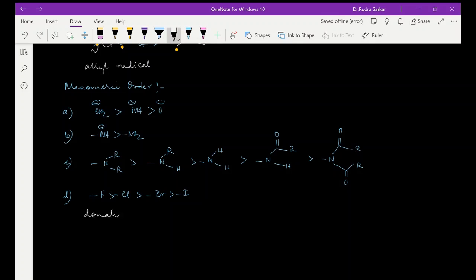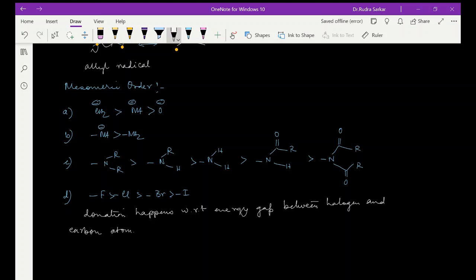Donation happens with respect to the energy gap between halogen and carbon atom, which means we mean to say that the 2p-2p energy gap is less than the 2p-3p.